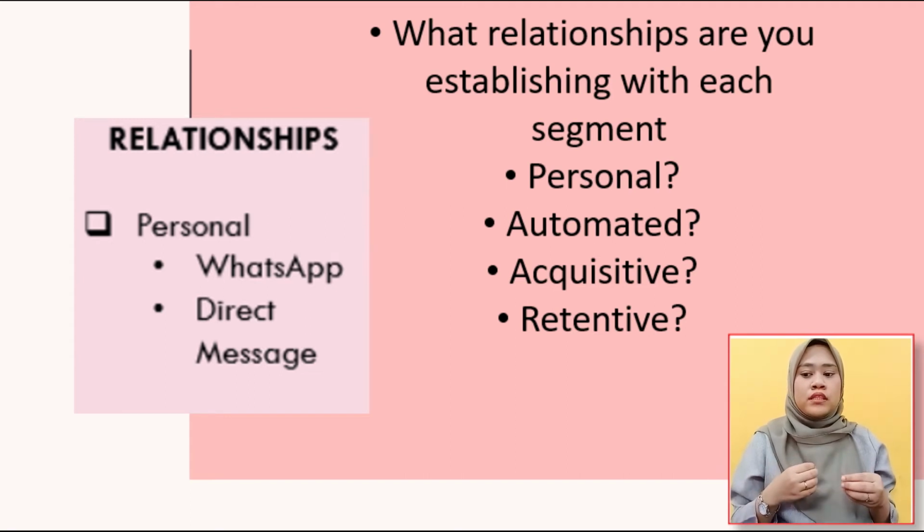Since Widudo is using an online platform, therefore they will interact with their customer through personal. The business will contact the customer through direct message on Facebook or Instagram or chatting through WhatsApp.